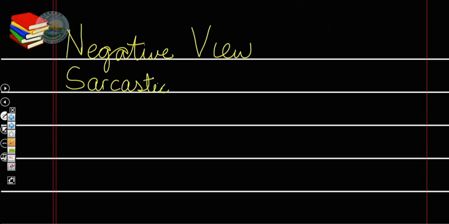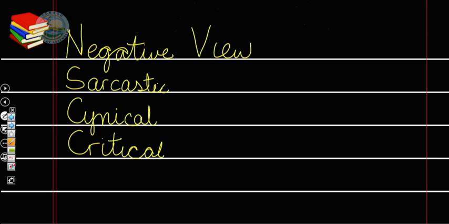This writer is not pleased with this treadmill at all. It's even cynical. We can even say critical. There are other words such as pessimistic or sardonic. These are ways in which we can explain how the writer in that passage feels.